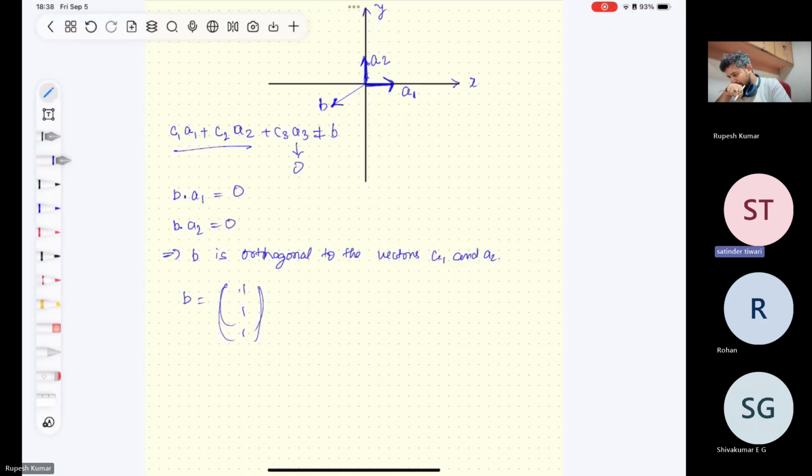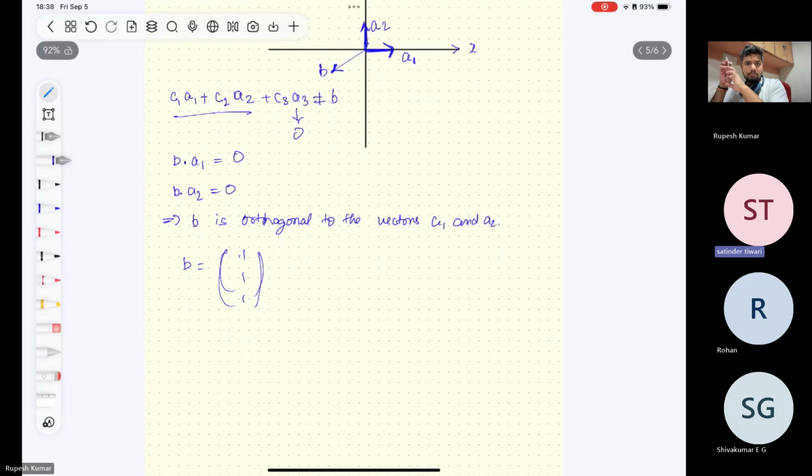Here, by looking at the transformation matrix A, we can come to know that no solution will be possible. But if A is more complicated, then some other process will be needed.